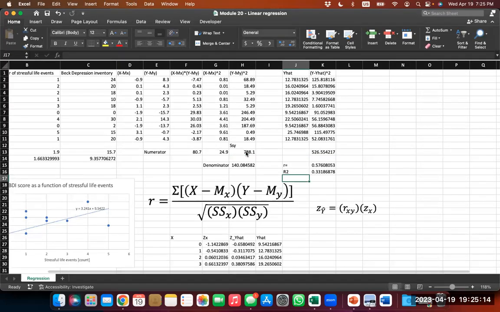That gives you the R squared. So that's the proportionate reduction of errors. This is how much your regression function has improved your prediction over just using a mean.